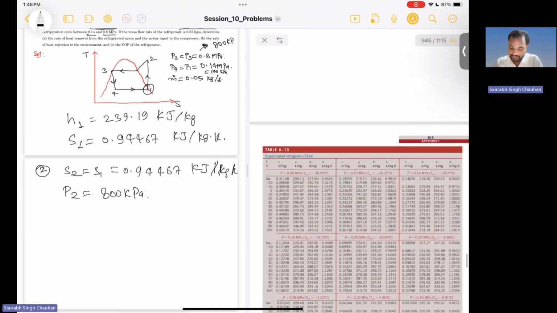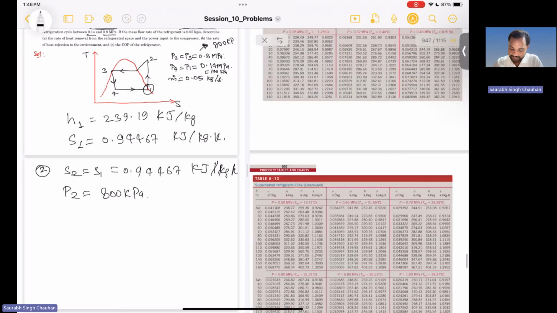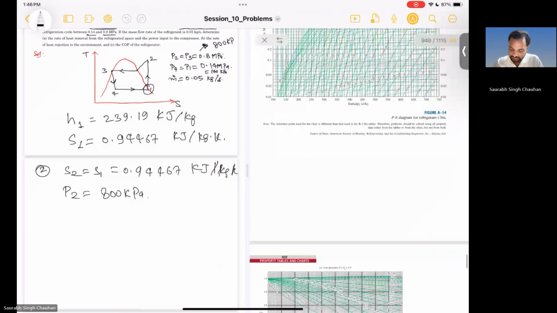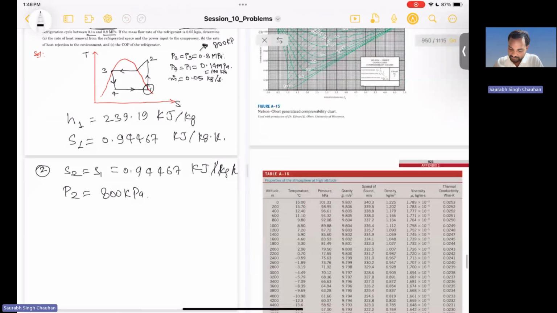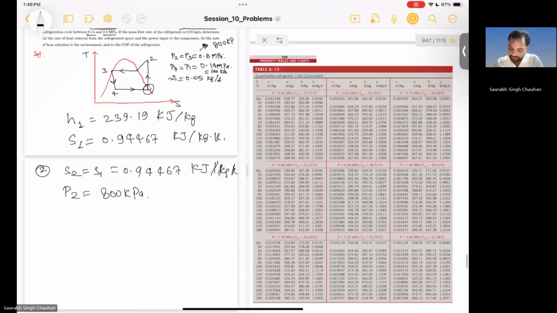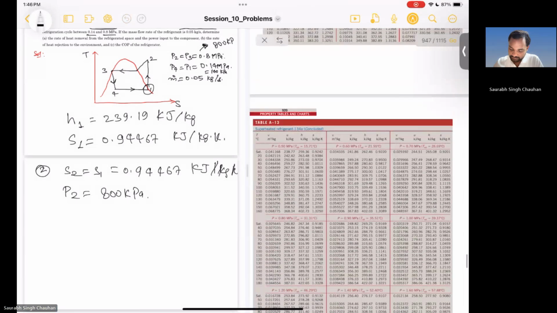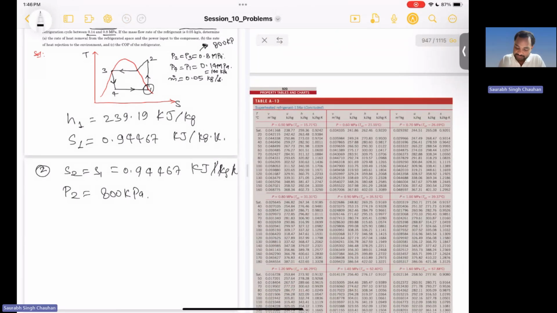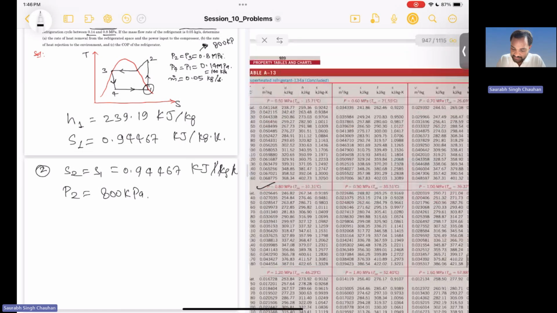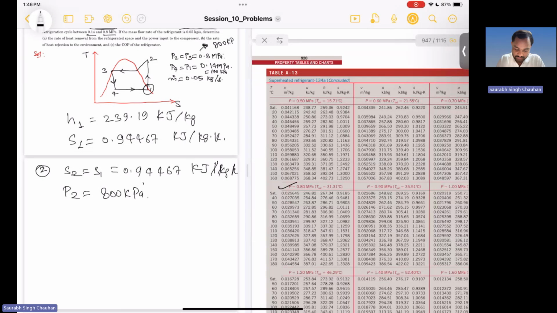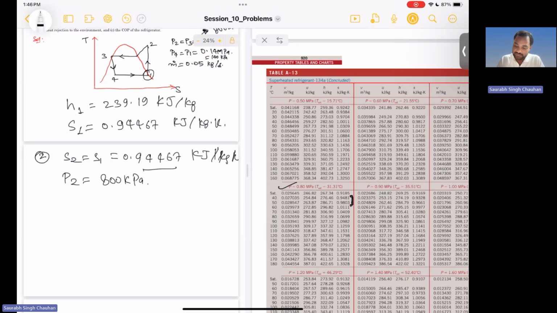So you'll have to use the superheated table. You can also use the charts. At the superheated table, you will have to use this value, 0.8 megapascal, and entropy is 0.944. So the values will be somewhere here. You can use some interpolation and you will get the other values.